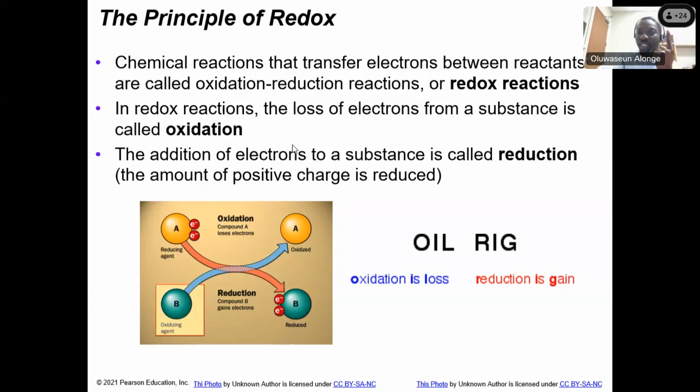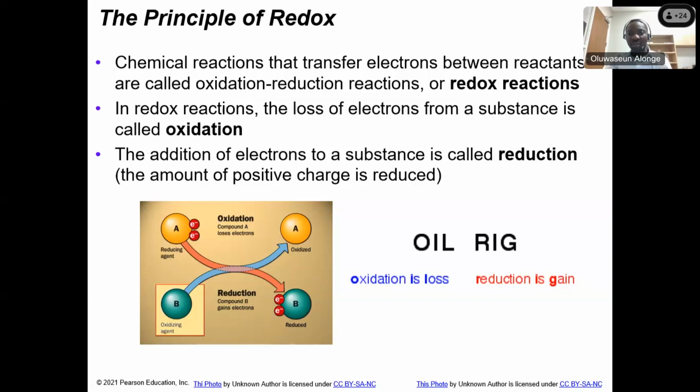I'm defining it based on oxygen, based on hydrogen, and also the third one will be electrons. So number one, based on oxygen, oxidation means addition of oxygen, just like the word oxidation, addition of oxygen. Whereas reduction means removal of oxygen.